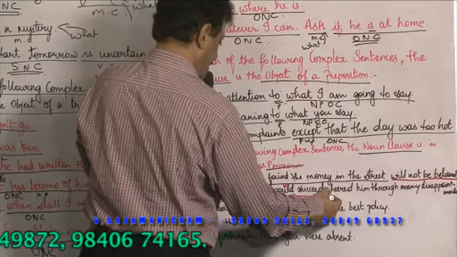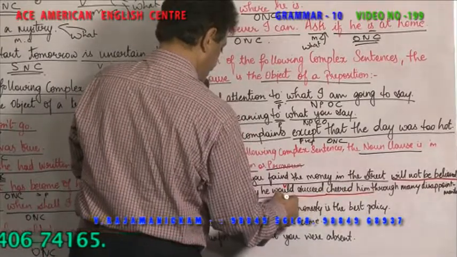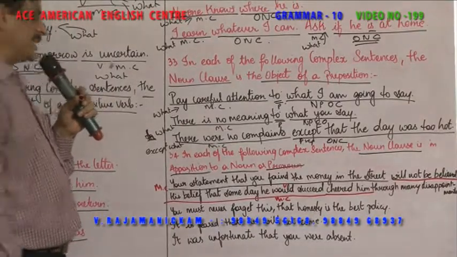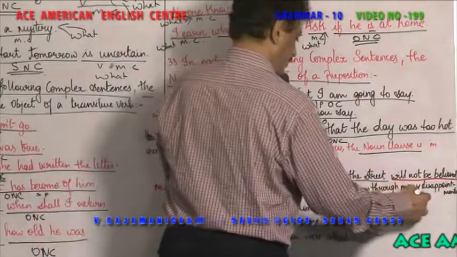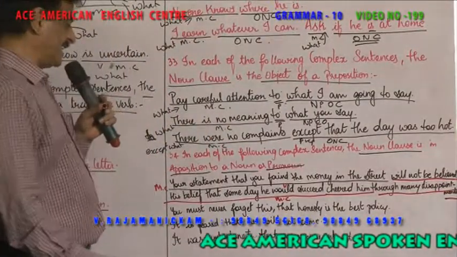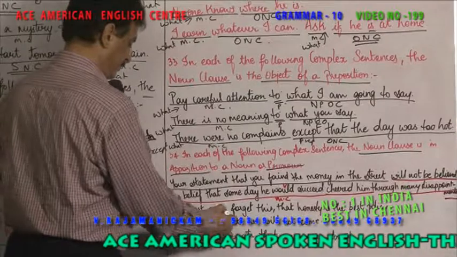Cheered him is the main clause. That someday he would succeed is the noun in apposition. You must never forget this.